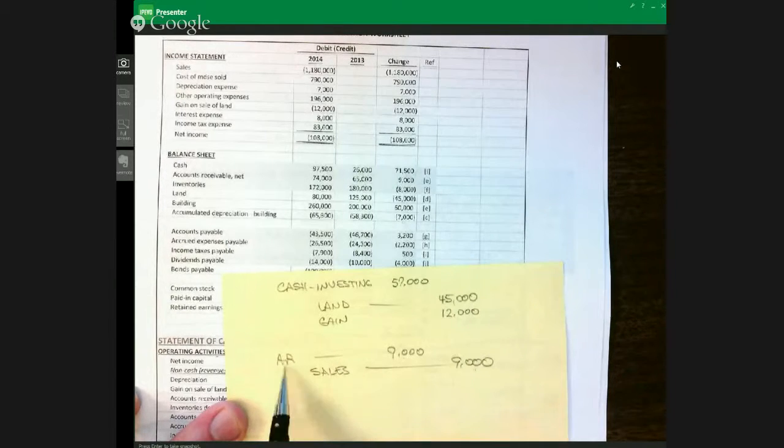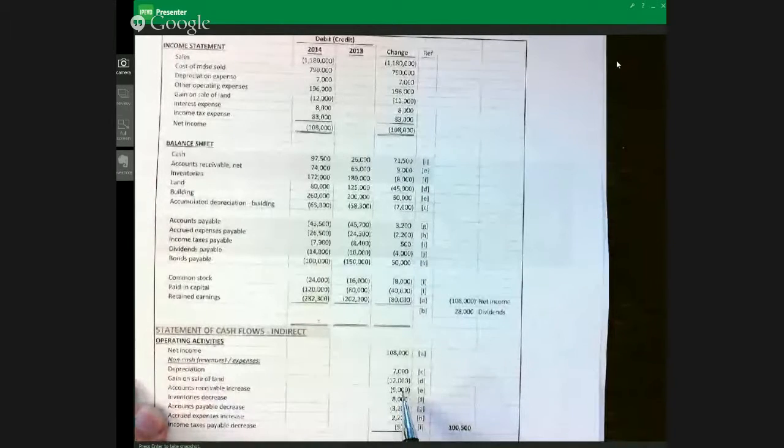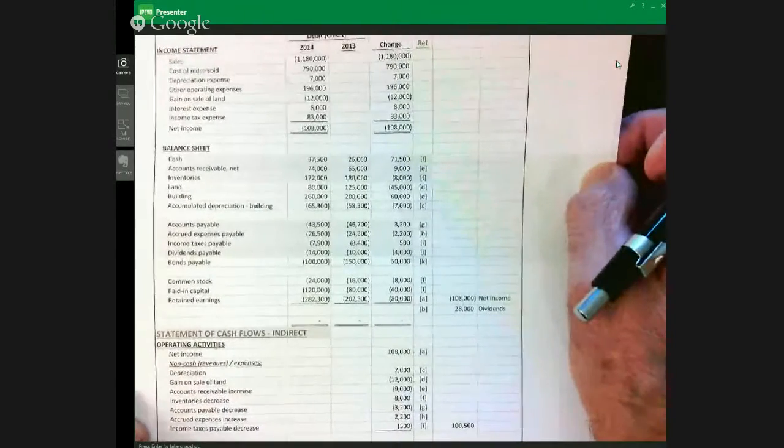If you would examine this journal entry and ask the question, how much did cash change because of making a sale on account, your response would be cash did not change, because there is neither a debit or credit to cash in this journal entry, so a sale on account does not affect cash flow. But because it affects net income, we must adjust net income downward for the non-cash revenue that's reported on the income statement from selling to a customer on account.